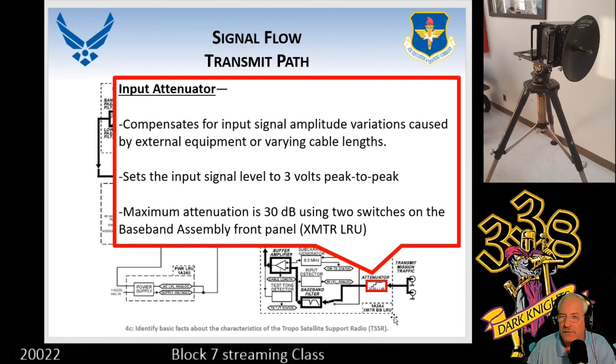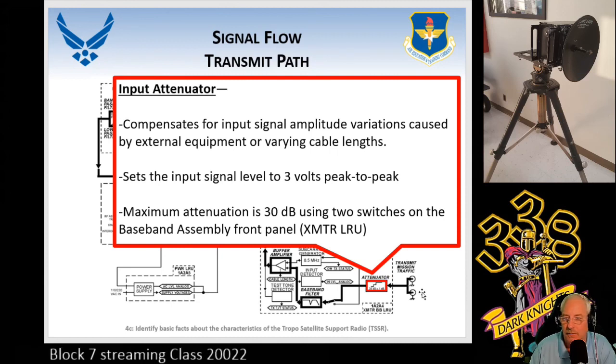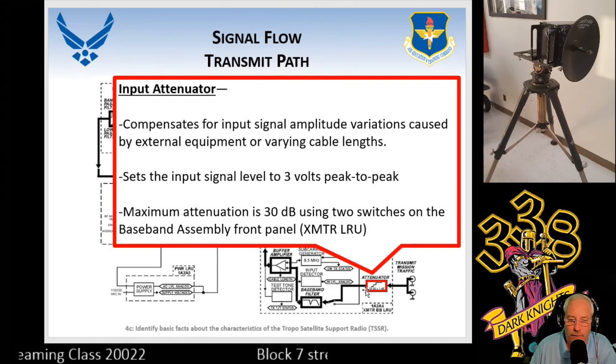Okay, so the first thing we're going to be looking at is the input. Now I want to point to this transmission traffic that's normally connected to your multiplexer. And the multiplexer is going to be bringing it in on whatever cable it uses to bring it on the back of the baseband assembly, and it comes in through this attenuator. Now on the front panel of the baseband assembly, there's an attenuator for the transmit baseband.